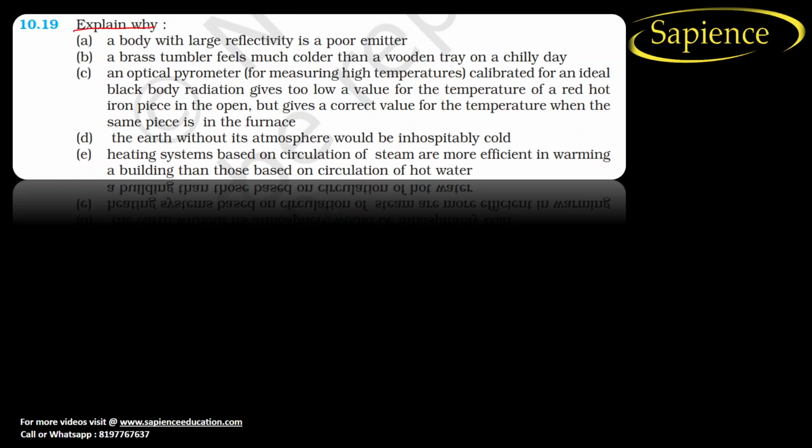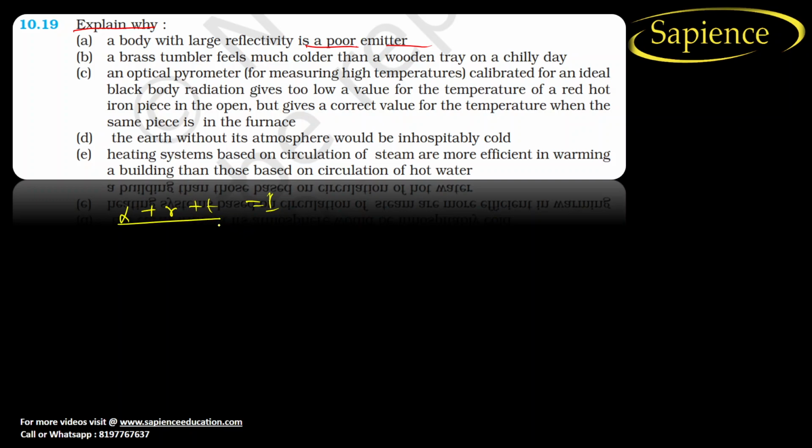The question is: explain why a body with a large reflectivity is a poor emitter. So as we know that absorption plus reflection and transmission is equal to 1. So the addition of all these will be constant.